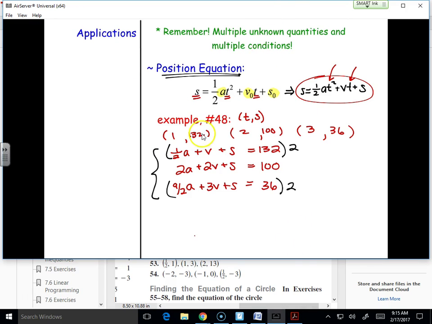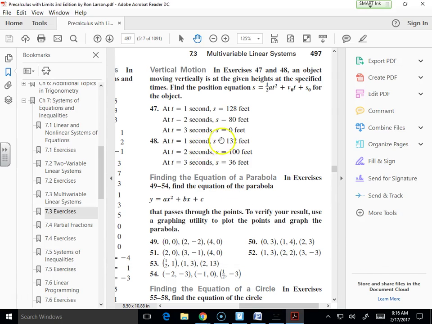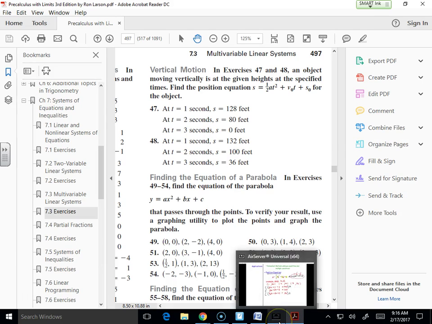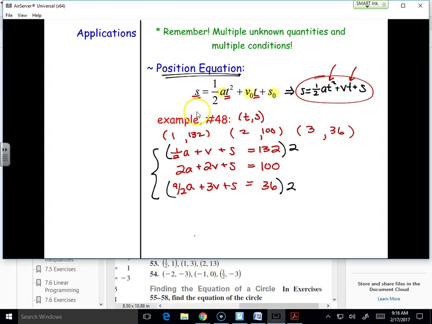These points technically looked just like number 47. It was written differently, but I treated the t's as x's, the s's as y's. What did I do with each of my points? Plug them in.